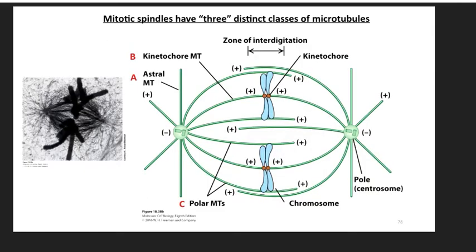Different classes of microtubules: astral, which gives polarity; kinetochore microtubules, which are bound to the sister chromatids; and polar microtubules, which also give polarity and basically slide past each other with the help of kinesin motors. These are, remember, anti-parallel microtubules in case of polar microtubule movements.